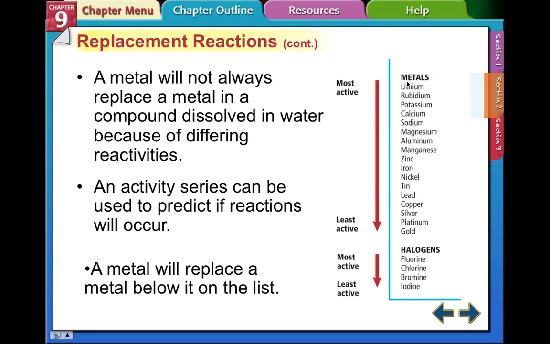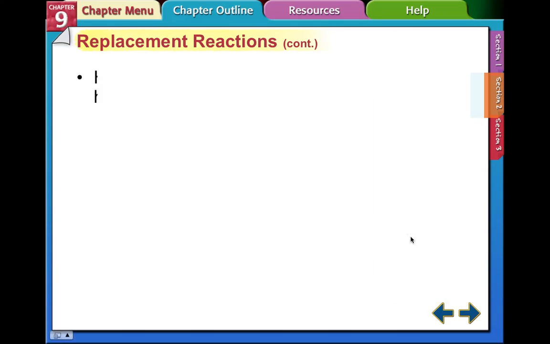If it's towards the top of the list, it's going to replace anything underneath it. So lithium will replace any on this list. Lead will replace anything below it, but nothing above it. So lead could not replace magnesium. Lead could not replace rubidium, but lithium can replace anything underneath it.